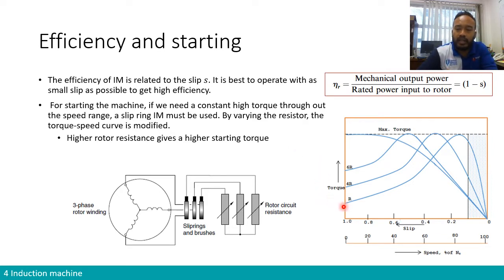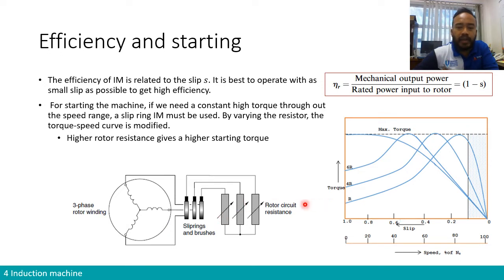We have multiple curves, but if we have a machine with, for example, a cage rotor, we are not going to be able to modify the rotor resistance. The other option is a wound machine, connected to slip rings and then to a variable resistance, where we can modify the resistance of the rotor of the machine.